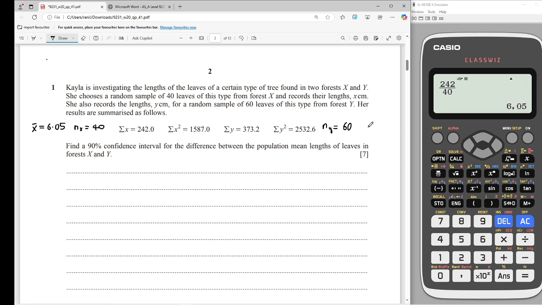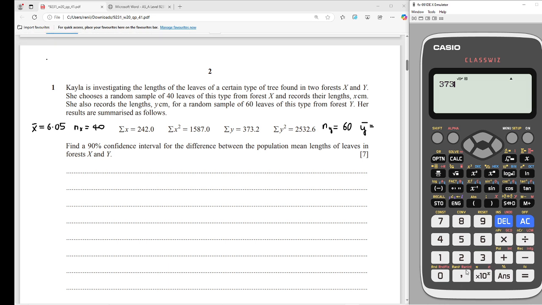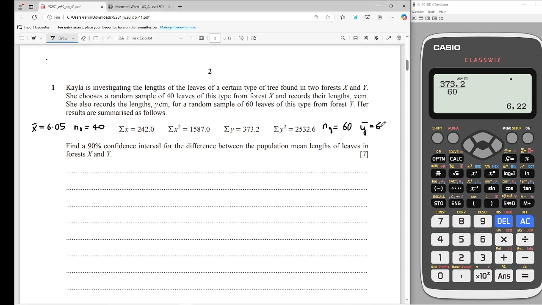And using the same logic we can calculate the sample mean for Y, which is the total sum of all the Y values, 373.2, divided by the number of terms of Y, which is 60. So we get the value 6.22.